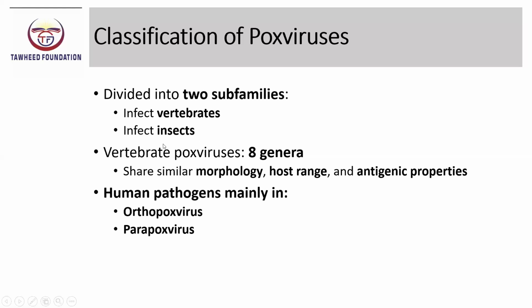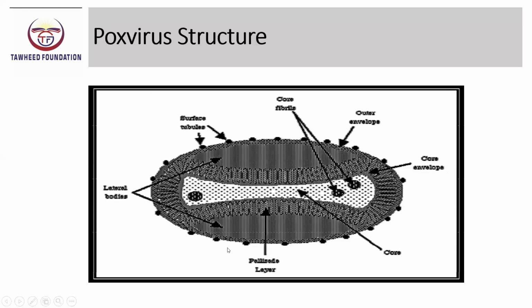The vertebrate pox viruses fall into 8 genera, with the members of a given genus displaying similar morphology and host range, as well as some antigenic relatedness. Most of the pox viruses that can cause disease in humans are contained in the genera orthopox virus and parapox virus. This is the structure of pox virus.